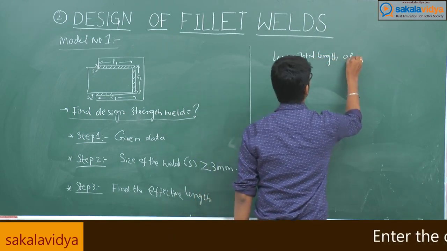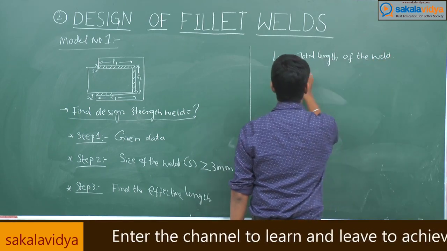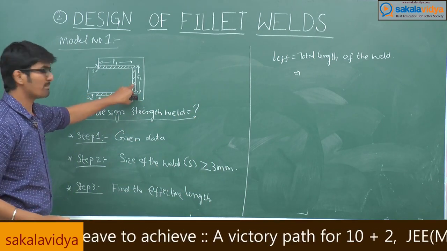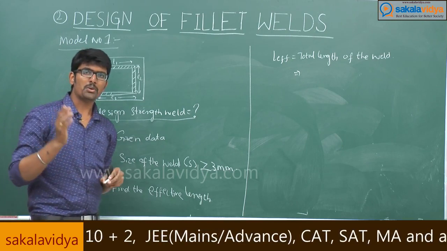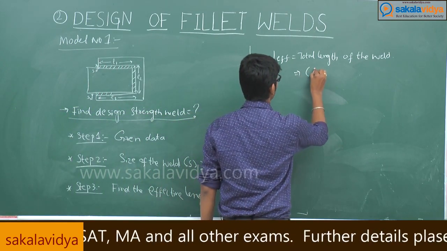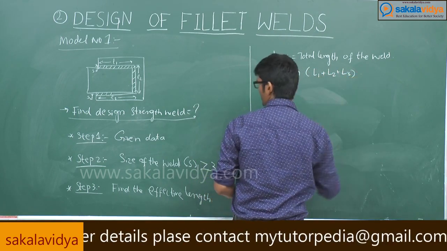So, what is the total length of the weld? L1 plus L2 plus L3 is called the total length of the weld. So, L effective is equal to L1 plus L2 plus L3.